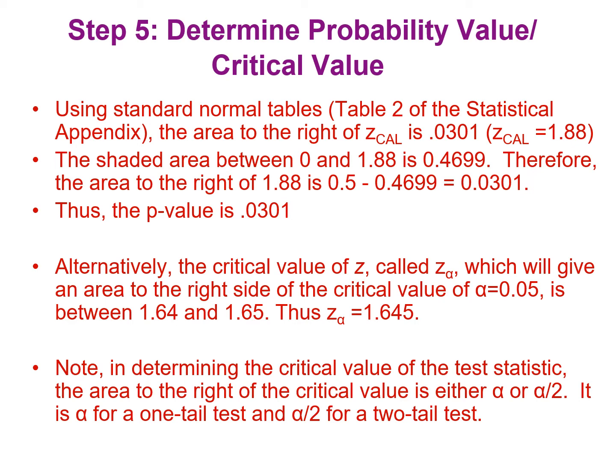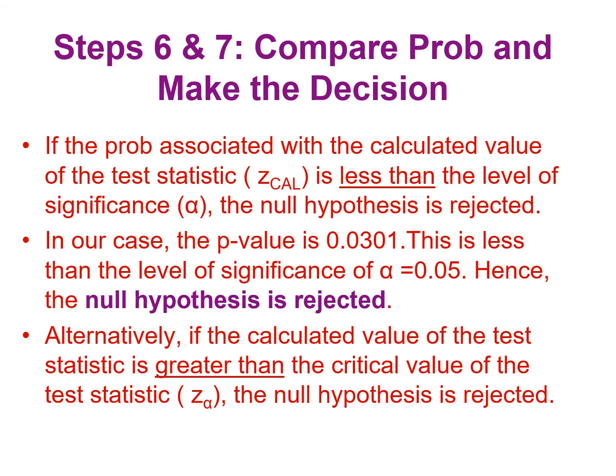In software, we use the p-value. We compare the p-value with the level of significance alpha. If p is greater than alpha, we accept H0. And we compare these values and make conclusions about the hypothesis. And if p is less than alpha, we reject the null hypothesis.